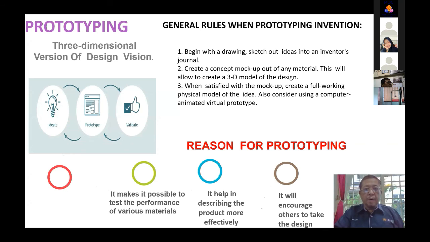What are the general rules of prototyping invention? First you draw it, then you create a mock-up of the design. But the whole idea is to have it in three dimensions.